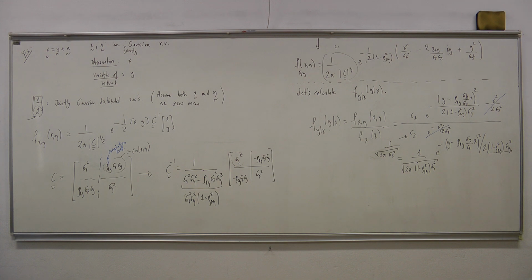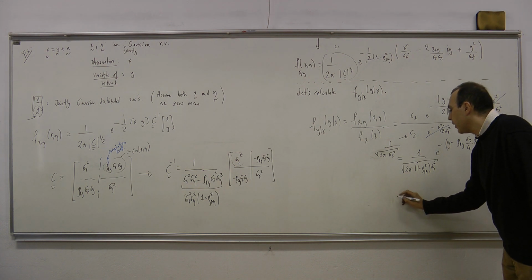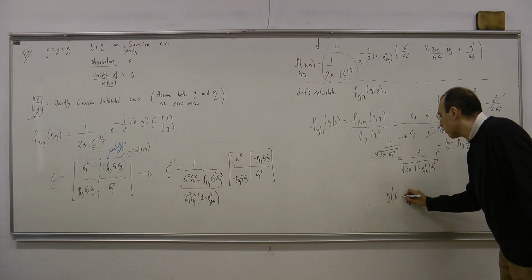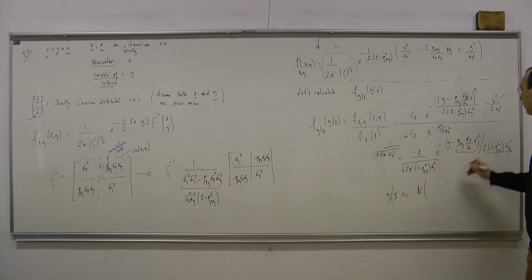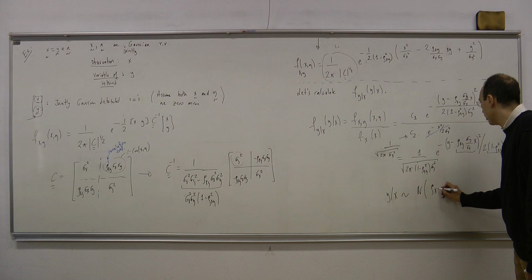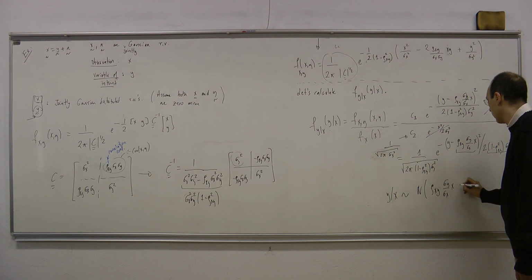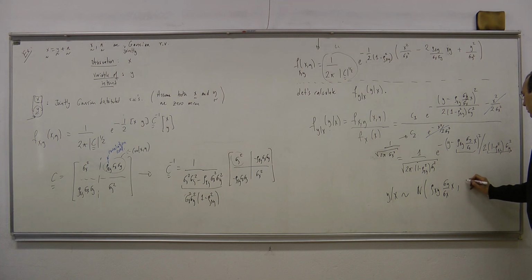That is it. So what do I see? I see that y given x is distributed as N, zero mean. So this is the mean value. It's a Gaussian distribution. It is distributed according to that.